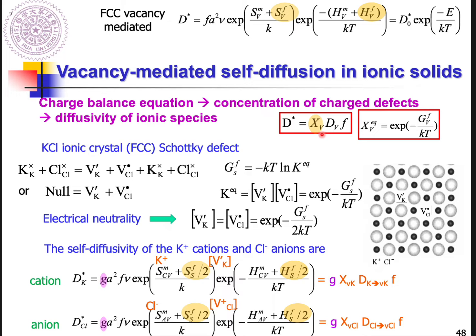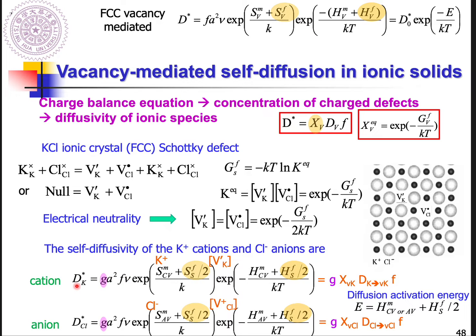And next, we are going to dope some dopants into these ionic materials. Here I just remind you, the self-diffusivity can be expressed as the temperature-independent term times the temperature-dependent term.